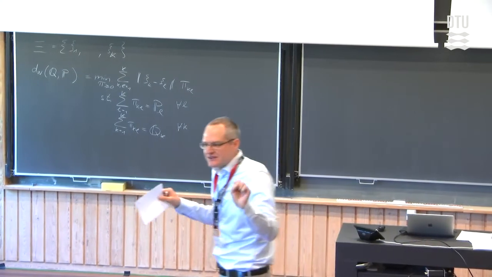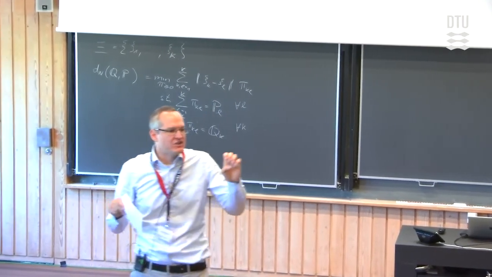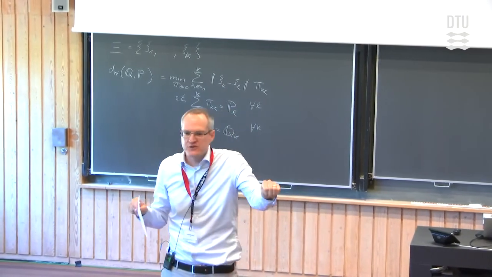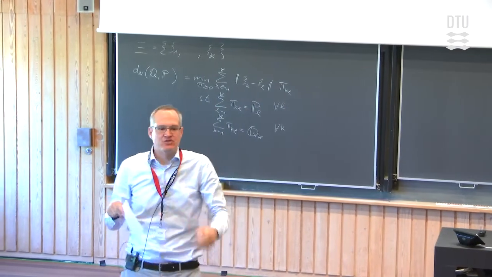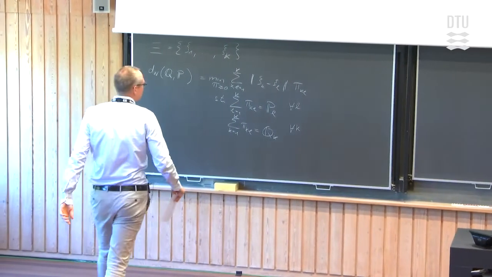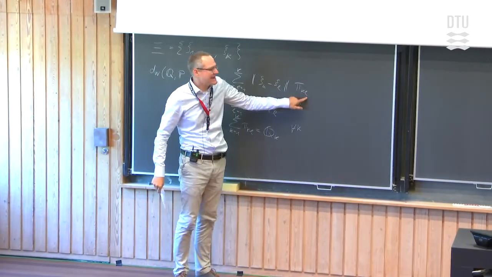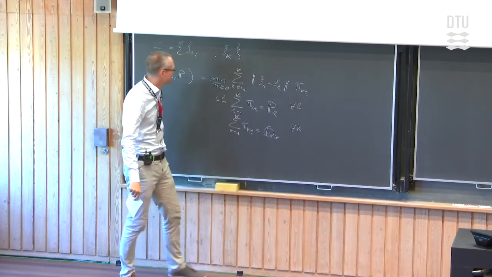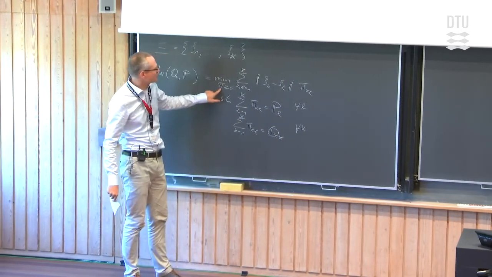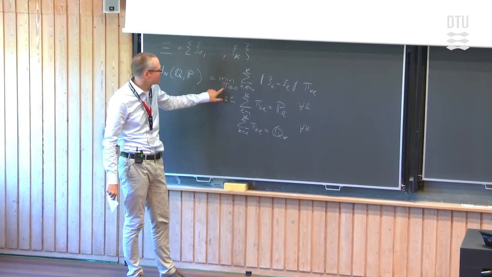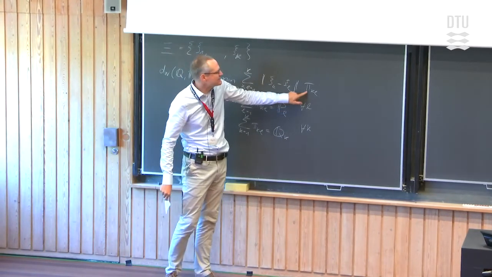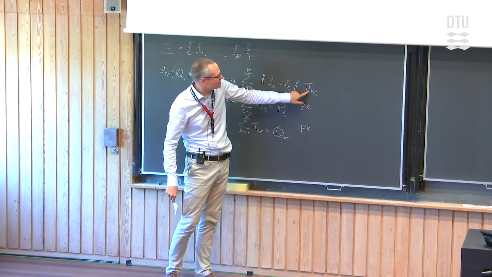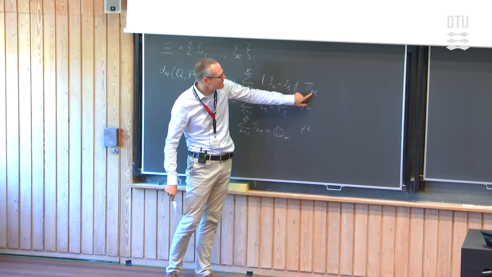So in order to satisfy the demand in each location, we can ship goods from any location to any other location. And the amount of the good that we ship from location K to L, that's this pi KL, right? So I optimize over transportation plans. My joint distribution pi here is actually a transportation plan that tells me how many units of the product I ship from location K to location L.